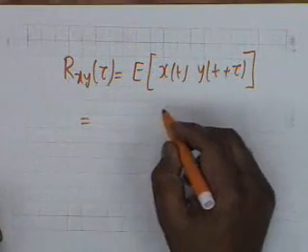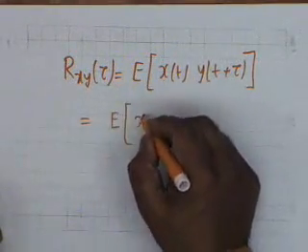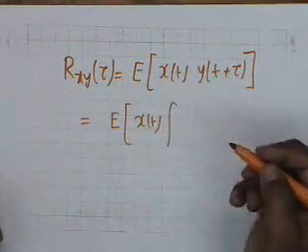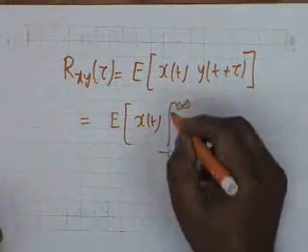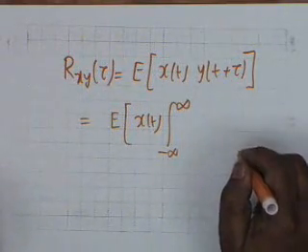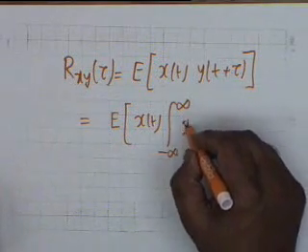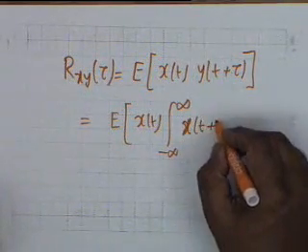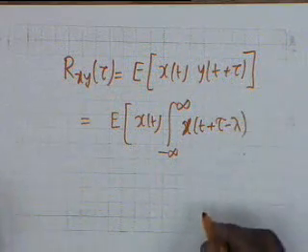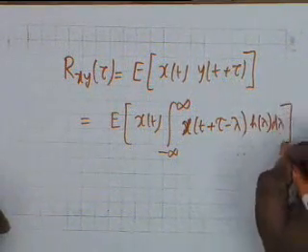This obviously is the expected value of x(t) and y(t plus tau), which is the integral from minus infinity to infinity of x(t plus tau minus lambda), a convolution with h(lambda) d lambda.